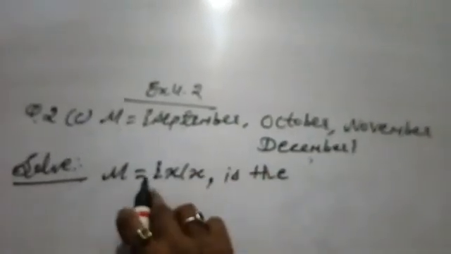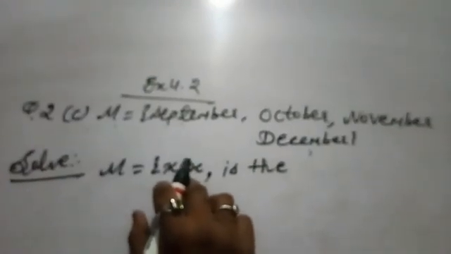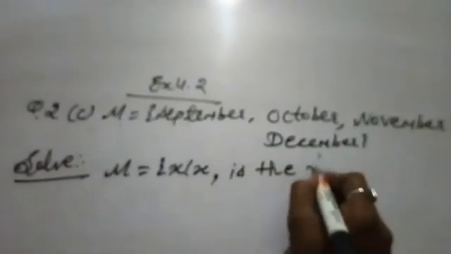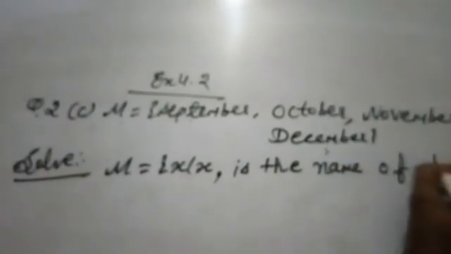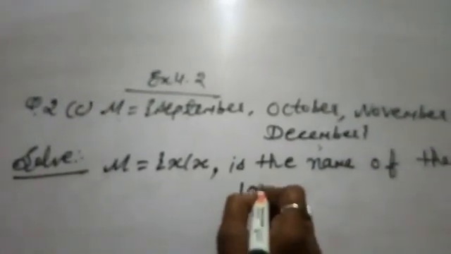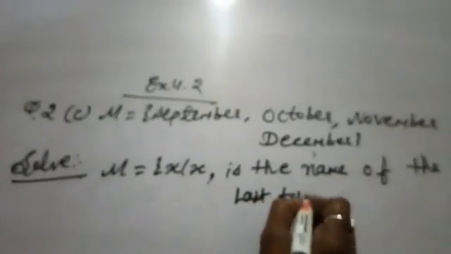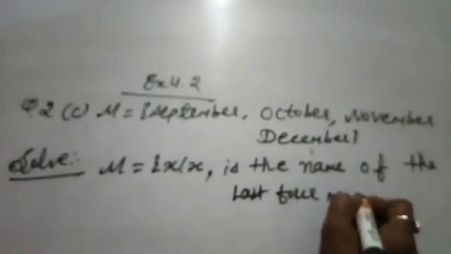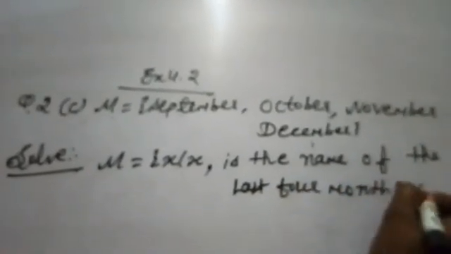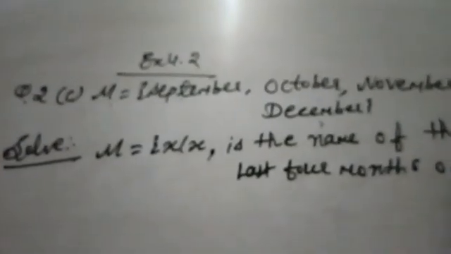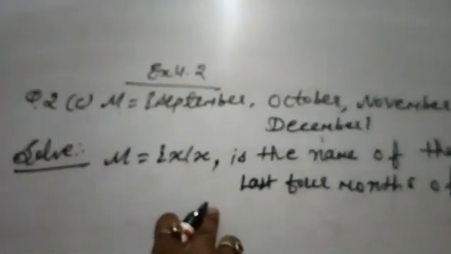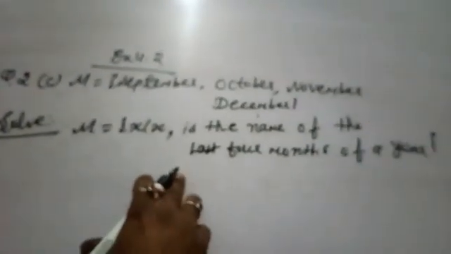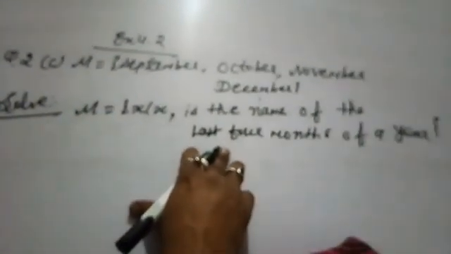So how can we write it down? x such that x is the name of the last 4 months of a year.